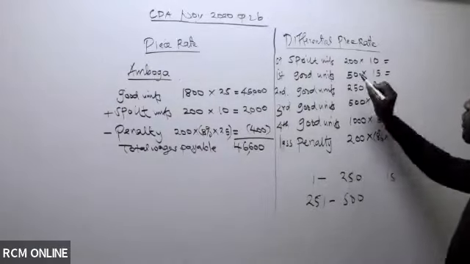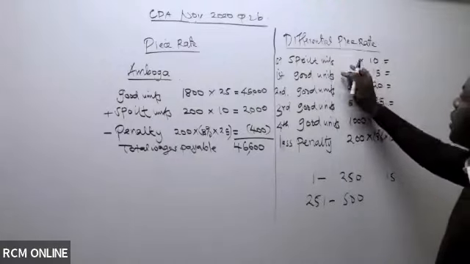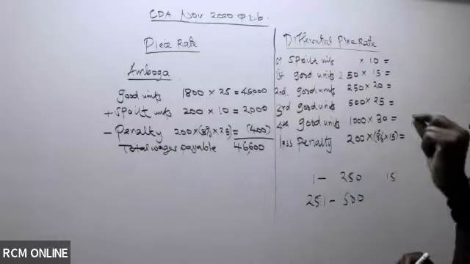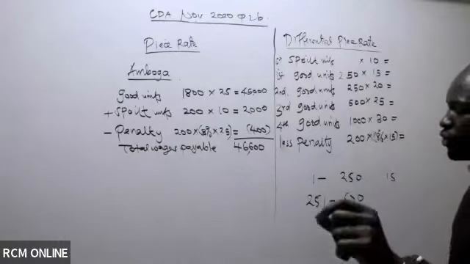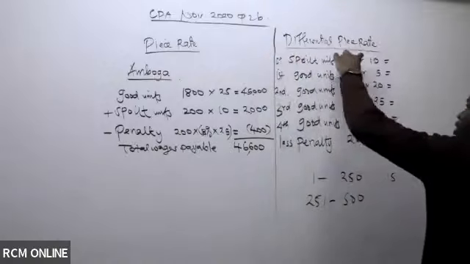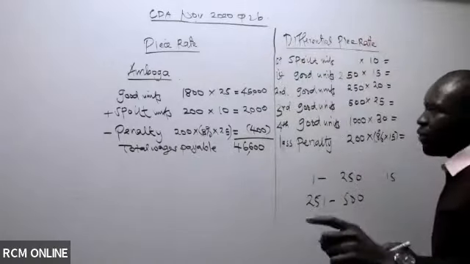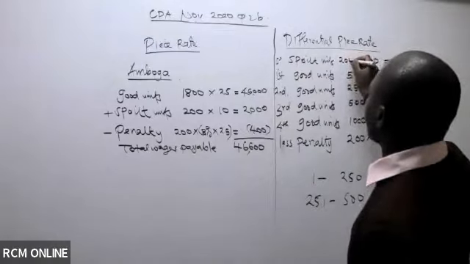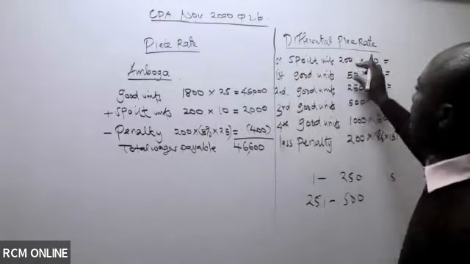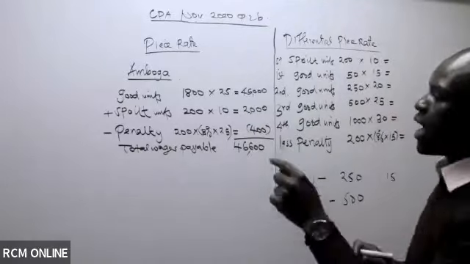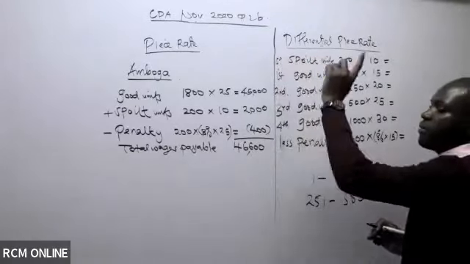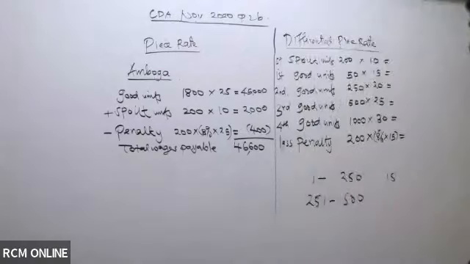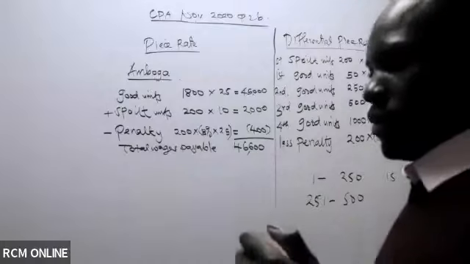So instead of taking 250 good units, because this person produced the spoiled goods, we are told they come from this first range. So first range is 250, and therefore I have decided to separate the spoiled goods from the good units. If I add the two, it will give me 250, and you can see they are all falling within the first range. Is it okay now, Dorin? Great.